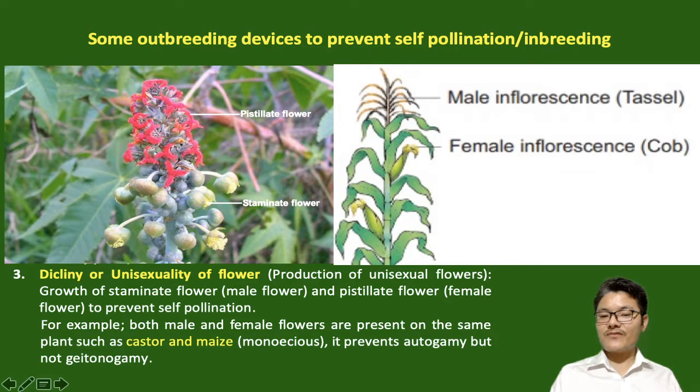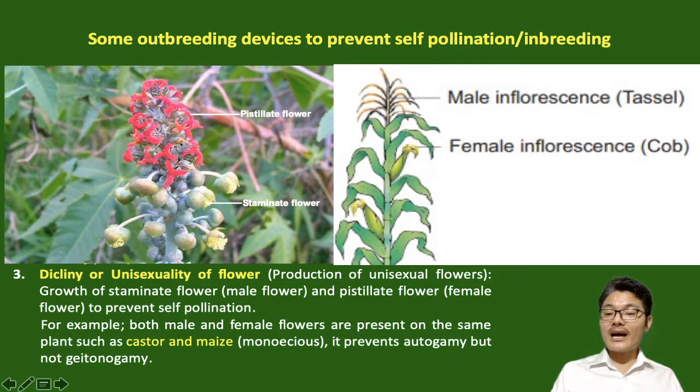Pistillate flower, which is the female flower, is usually represented by the cob. Cob is the structure which is the product of the corn plant, and in the cob we have the corn seeds, and corn seeds are usually used for preparing corn flakes. We also eat seeds of corn as sweet corn, right?